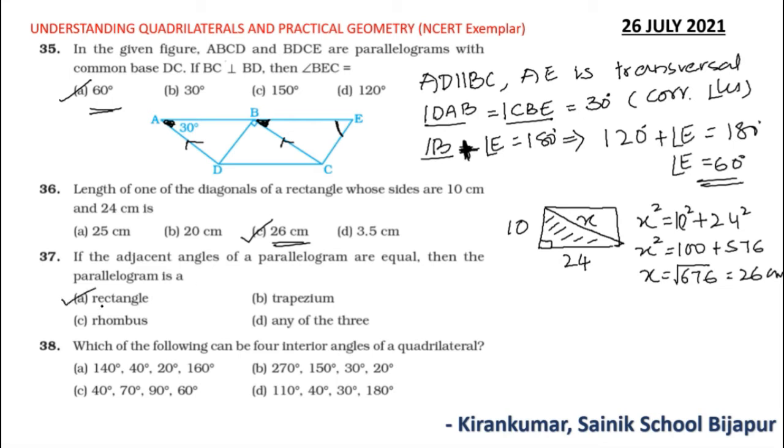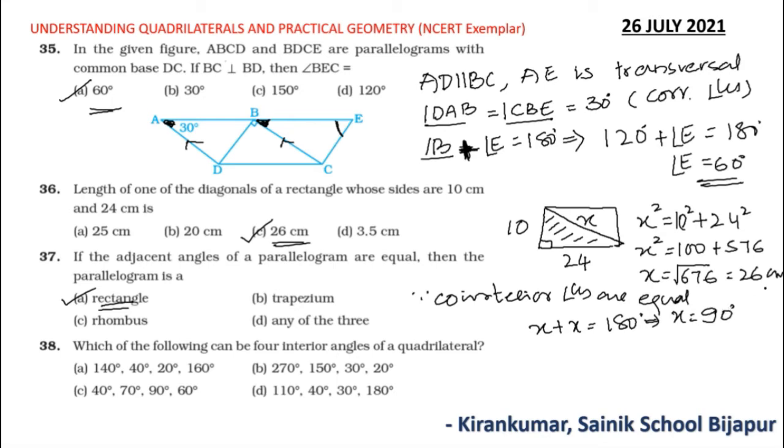It has to be a rectangle because co-interior angles are equal. So we get x plus x is equal to 180 degree. So x will be 90 degree. So each angle measures 90 degree.